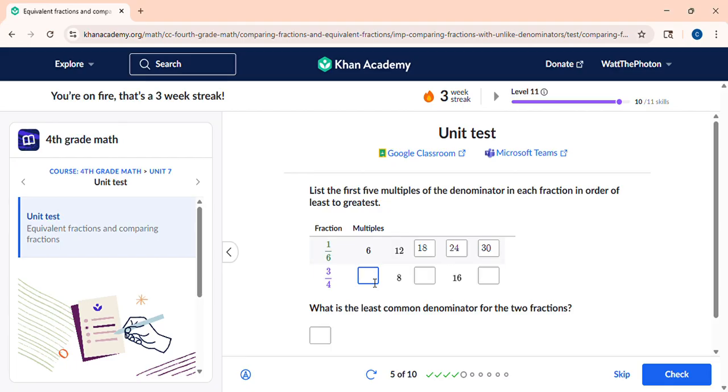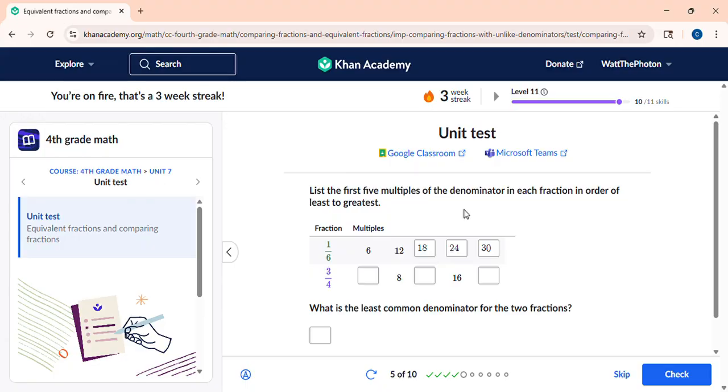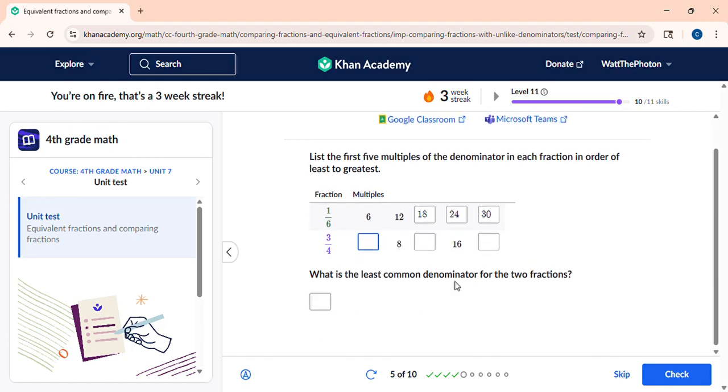Is that what it wants? List 5 multiples in the denominator in each fraction, or from least to greatest. I'm not sure really what it's asking me to do.